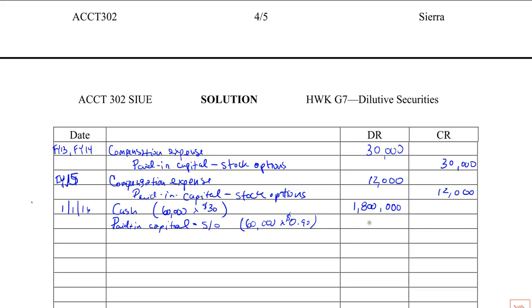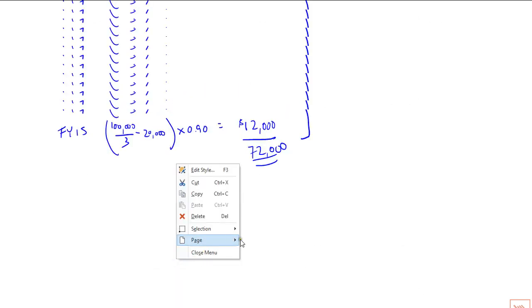So that should be 54,000. And we're issuing stock, so common stock at par.